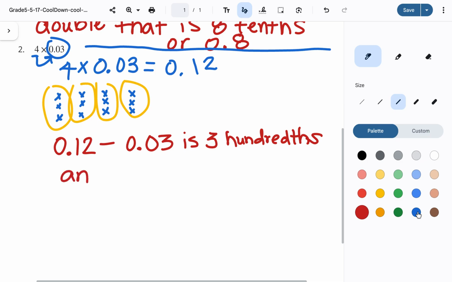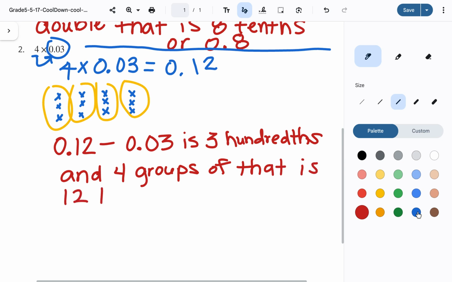And 4 groups of that is 12 hundredths, or, and now let's put it in our base 10 numeral form or standard form like that.